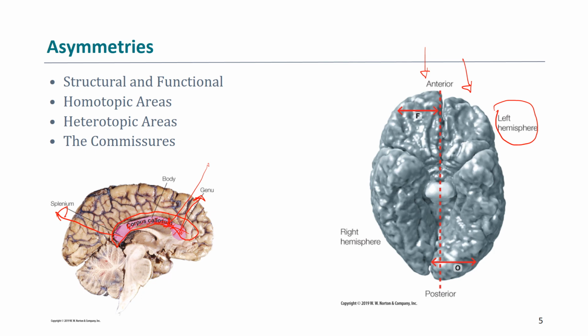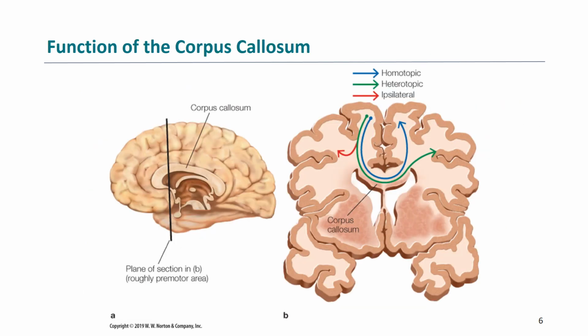The structural asymmetry is enlargement of the planum temporale in the left hemisphere. So, as you can see from here, they're not 100% symmetrical. And this is the corpus callosum one more time, this structure which connects right and left.